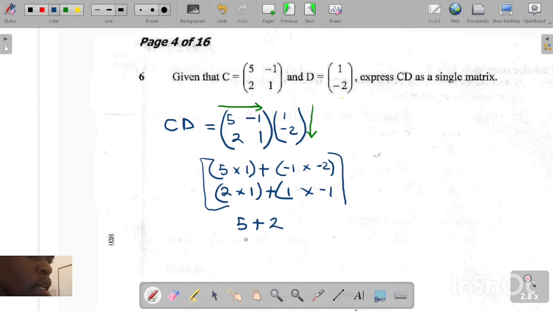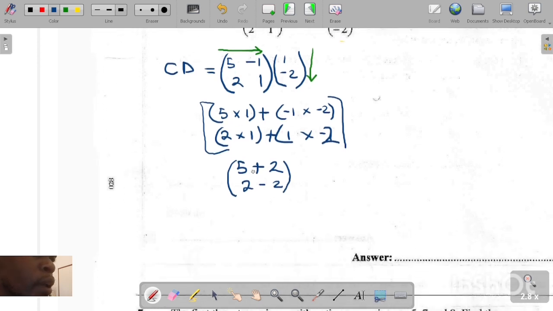Then 2 times 1 is 2, and this is 1 times -2, which is -2, sorry guys. 5 plus 2 is 7. 2 minus 2 is 0.